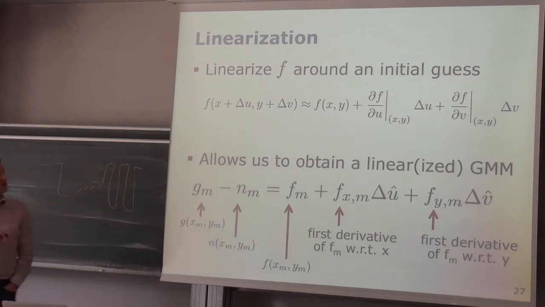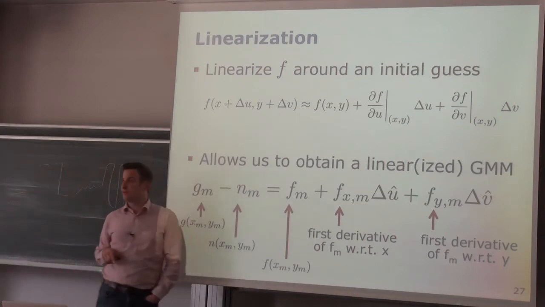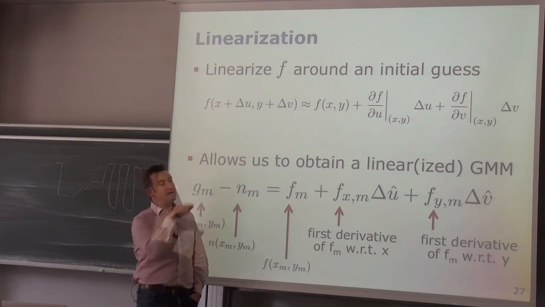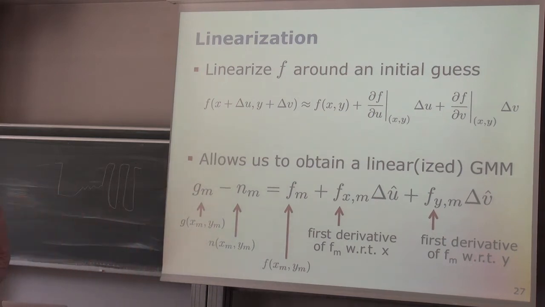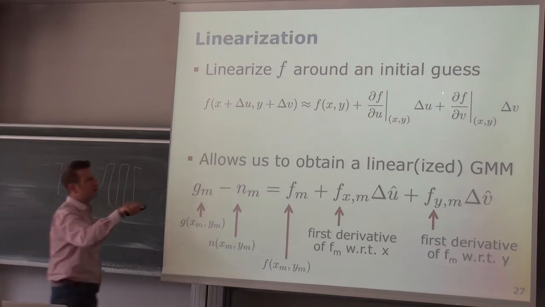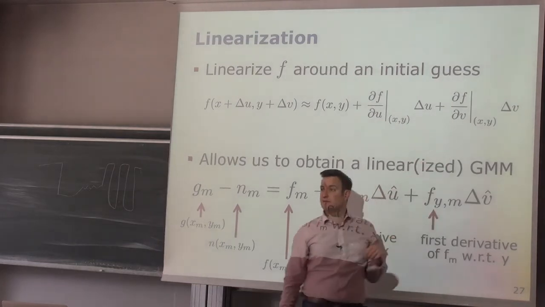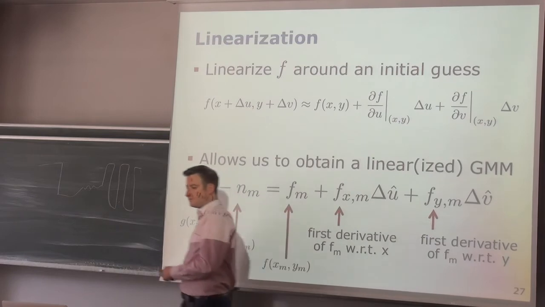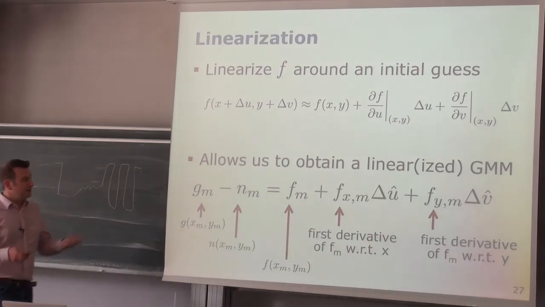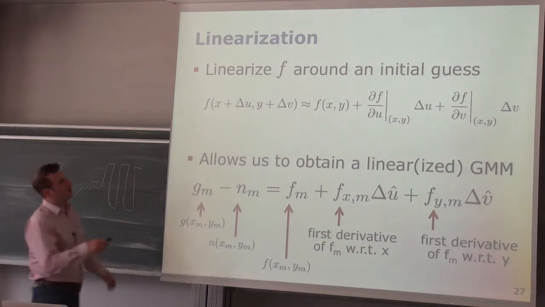Around an initial guess, we have our function f of x plus some small change in u and y plus some small change in v. It is our function value at our initial guess, in this case x and y, plus the first derivative with respect to x times the small offset in u, and the first derivative of this function with respect to y times the small shift in v. We can now rewrite this similar to how we had it before.